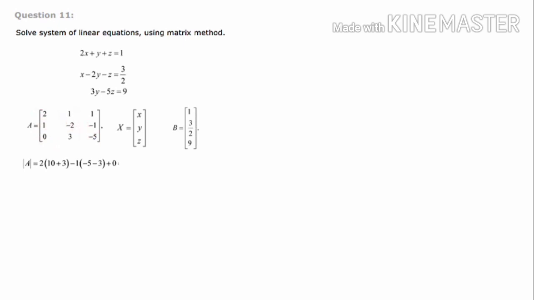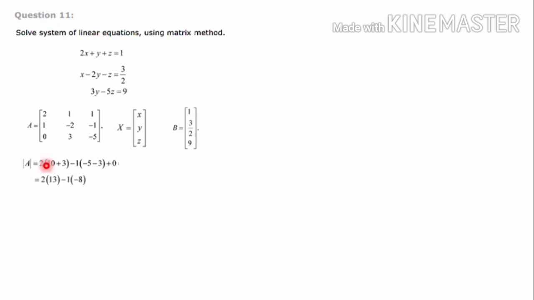1 into minus 5, that is minus 5, minus 3 into 1, that is minus 3, plus 0 into the row and column if you delete, and we have to get 1 into minus 1, minus 1, minus into minus plus 2 into 1 is 2. So 0 into any quantity is 0, that entire term will come as 0.